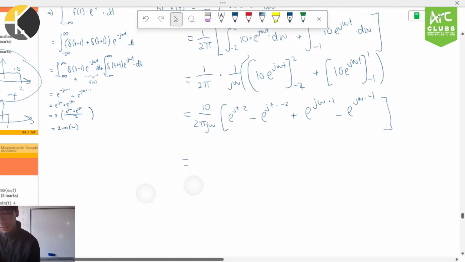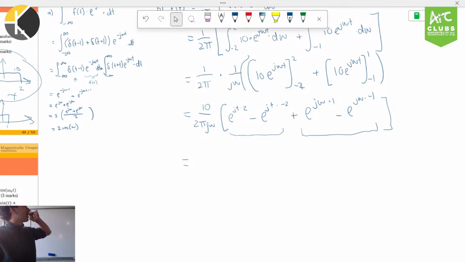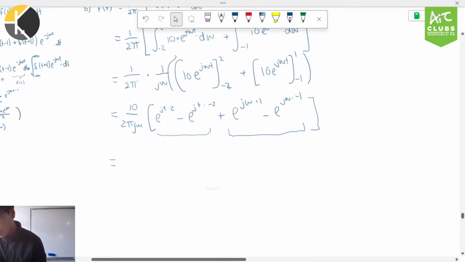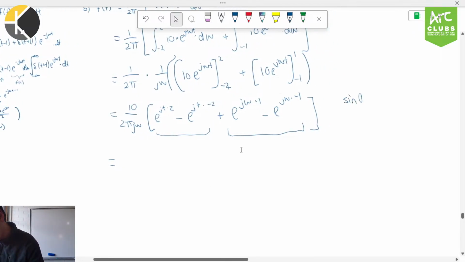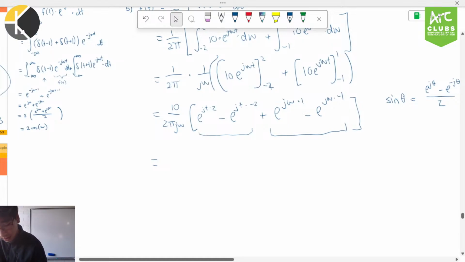Moving from here, I can see that we have a subtraction of 2 exponentials that have powers in opposite polarity. So that tells me that I can probably convert that in terms of sine. So if we recall, sine theta is the same thing as e to the j theta minus e to the minus j theta over 2. So I'm going to apply that right here.